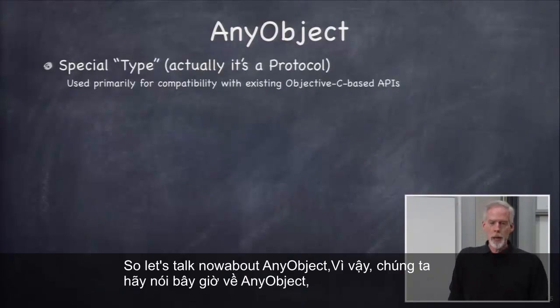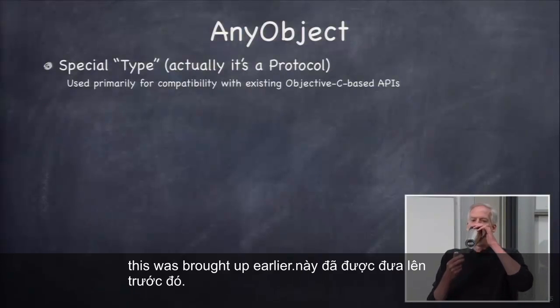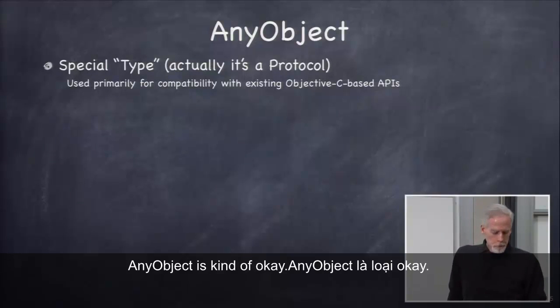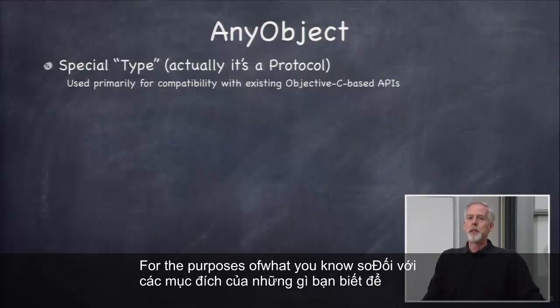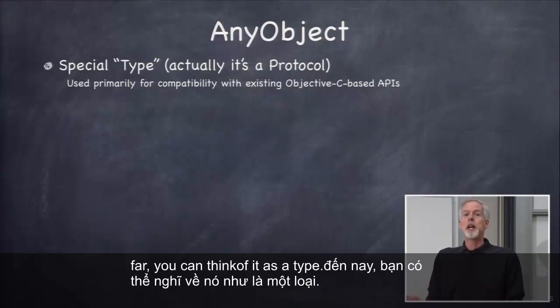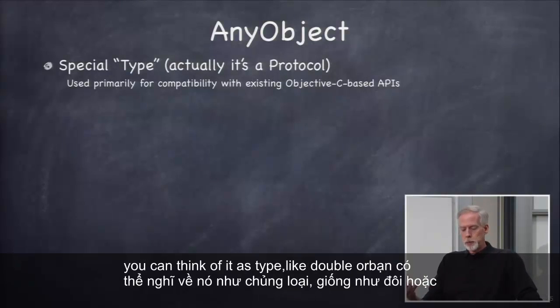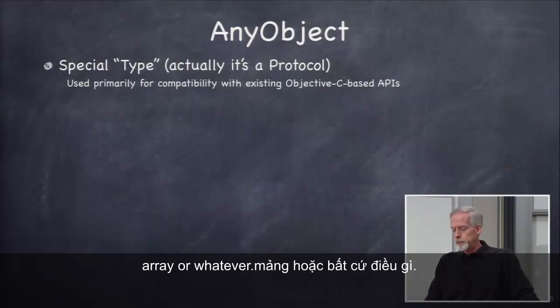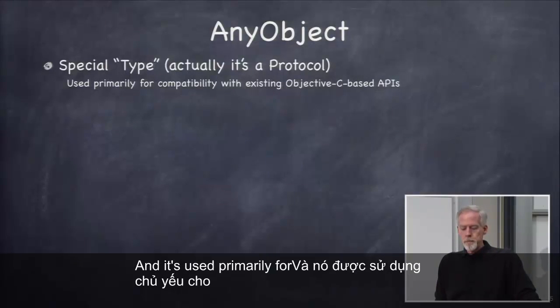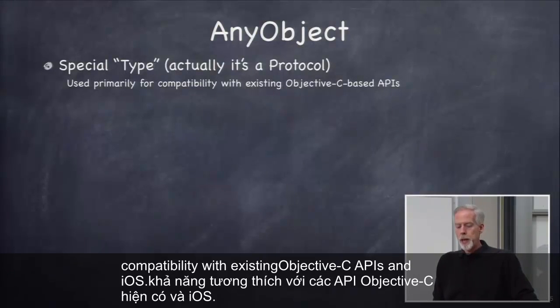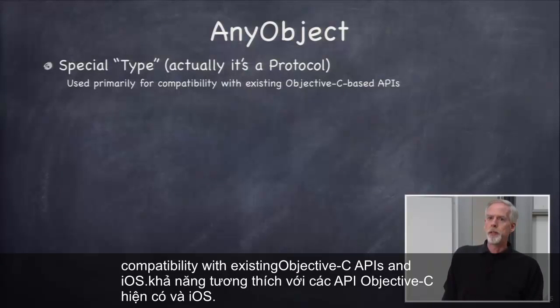Okay, so now let's talk about AnyObject. This was brought up earlier. AnyObject is kind of a, okay, for the purposes of what you know so far, you can think of it as a type. Okay? It's not really a type, but you can think of it as a type, like double or array or whatever. And it's used primarily for compatibility with existing Objective-C APIs in iOS.